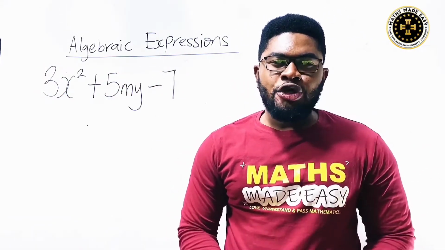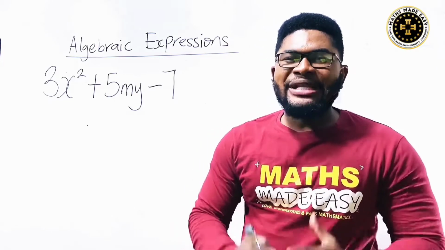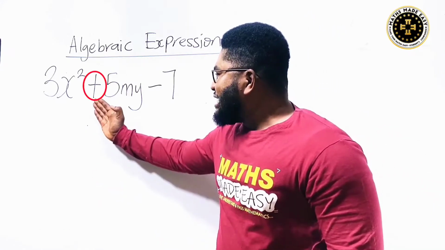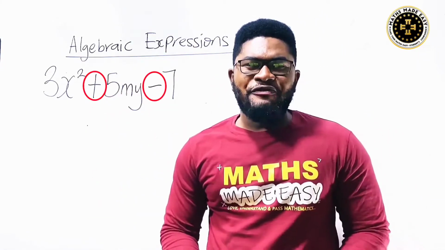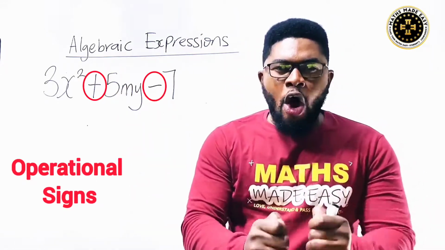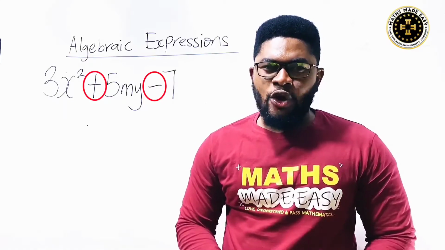Now, let's introduce you to the first terminology: the terms of an algebraic expression. The addition and the subtraction signs are referred to as operational signs. They are the signs that show you where the terms are located.